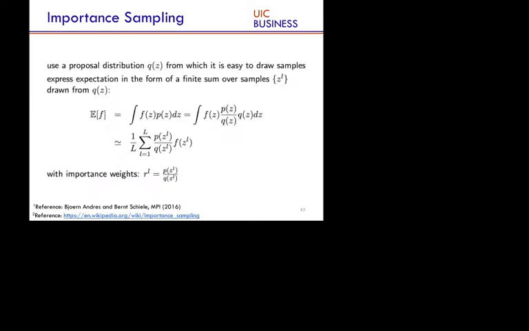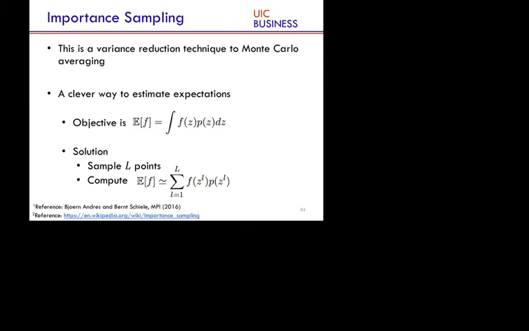Now, what does importance sampling do? This approach of course assumes that you can sample from p, but it could be that in some regions of the support of your random variable or random vector, you may have very high values of the random vector but very low probability values.